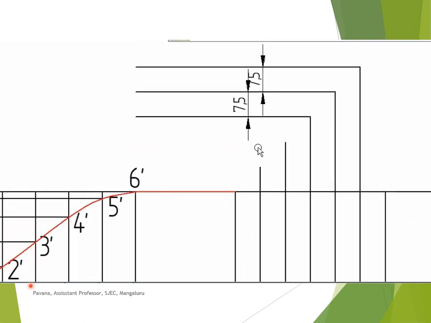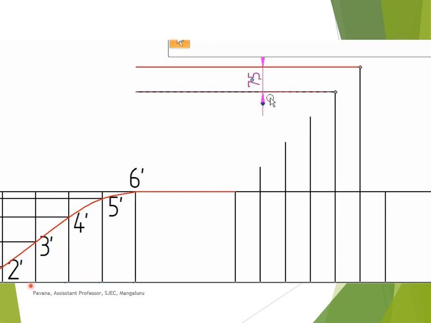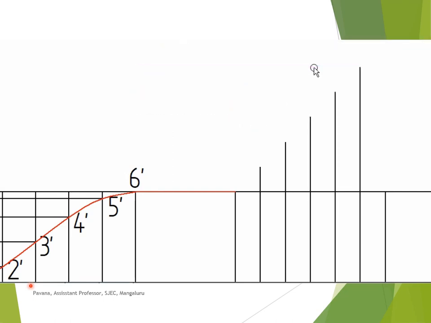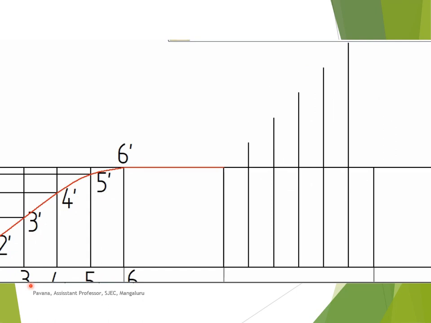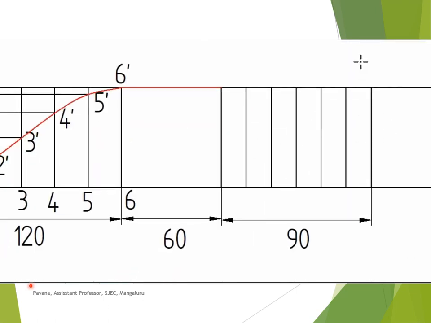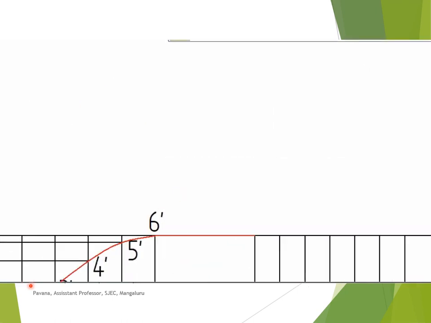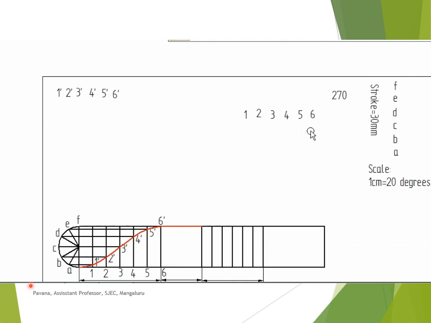Remove the extra lines, they are not required. Only inside the box you have to draw a line. Remember, it should be 6 equal parts, not random 6 parts. While numbering here, it should be in the return order because the curve has already reached the sixth point.